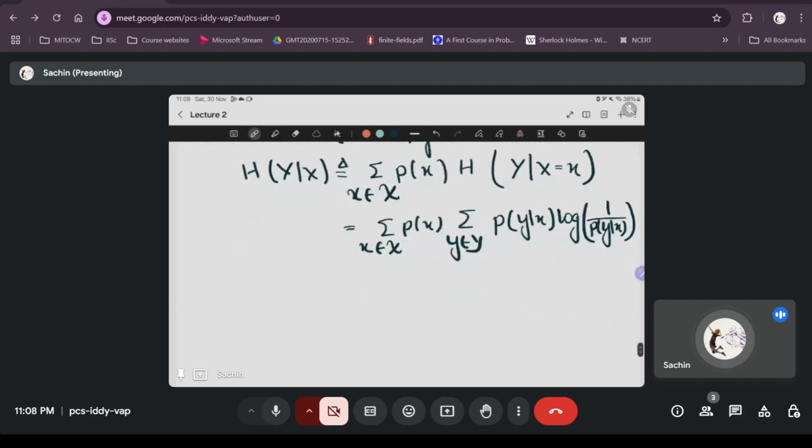Even in your random process course or probability course, when you say probability of a random variable Y given random variable X, it's not that well defined a quantity.